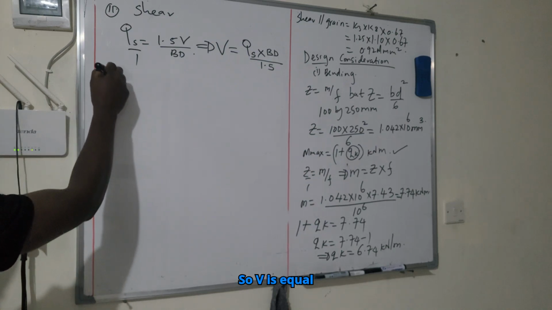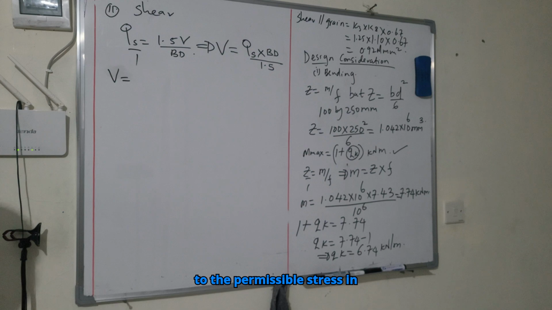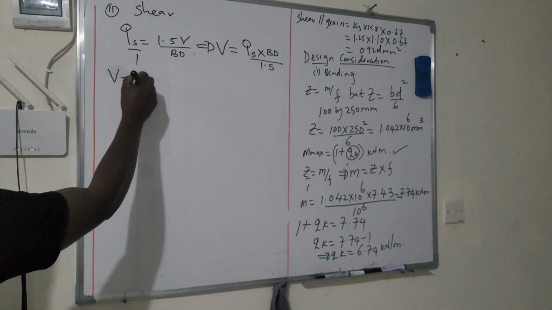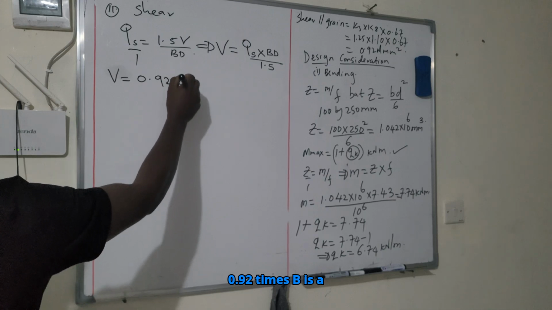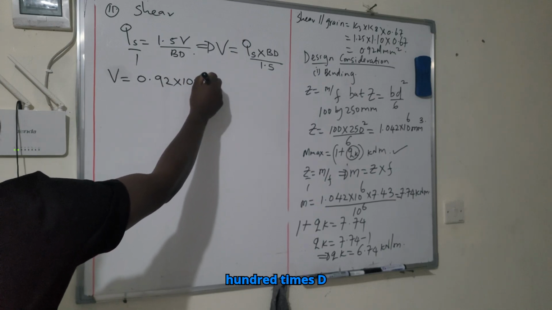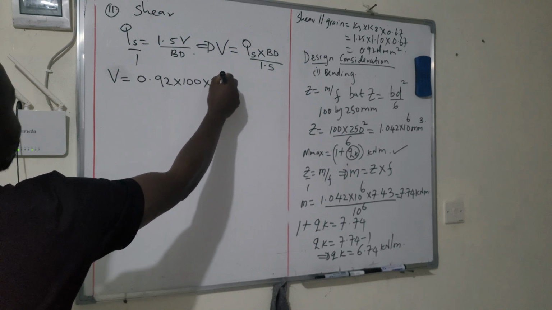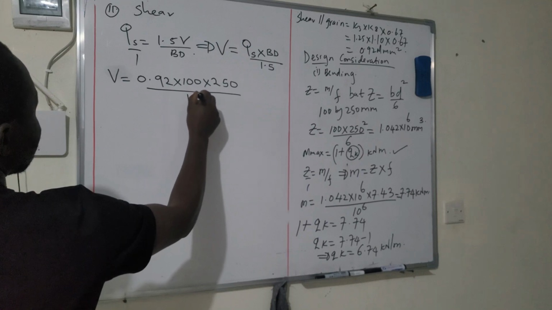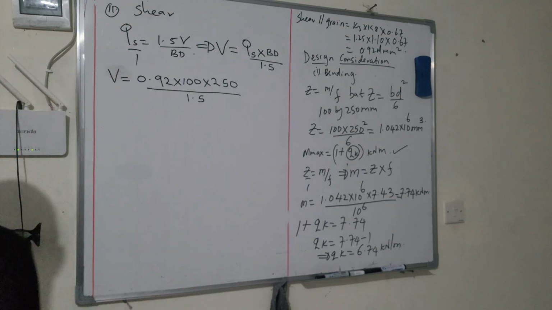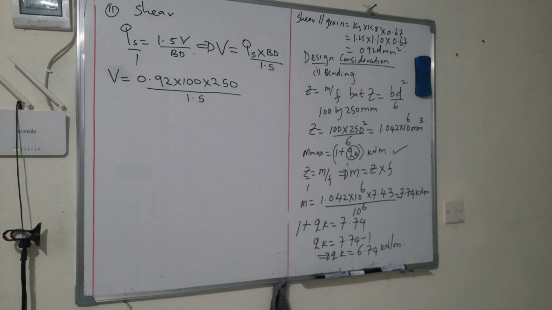So V is equal to the permissible stress in shear, 0.92, times B is 100, times D is 250, over 1.5.